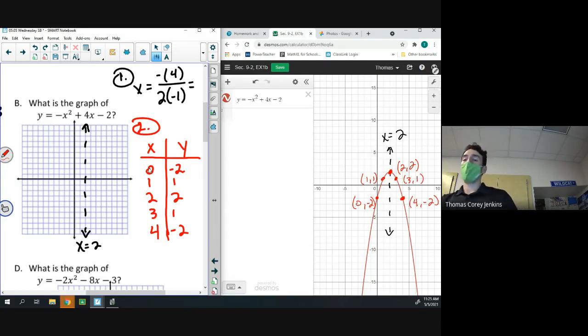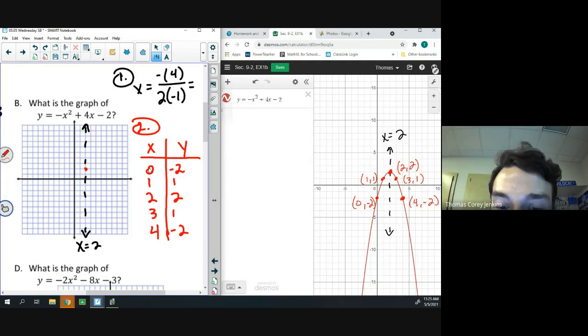All right, now I'm going to put those on my graph. I like to start at my vertex, 2, 2, and then I'll follow my pattern to get to 1, 1, and 3, 1, and then also 0, negative 2, and 4, negative 2.